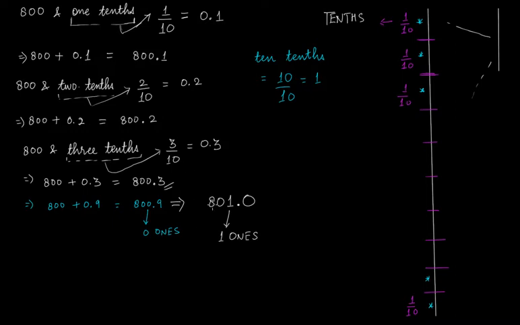So actually all these are representations of a decimal number. This tenths is actually telling you the place value of the digit you have just after the decimal point. The place value of this is tenths. As we have ones, we have tens, we have hundreds.